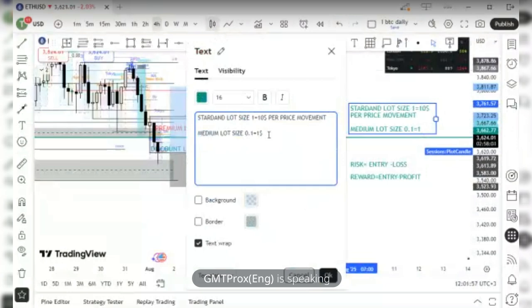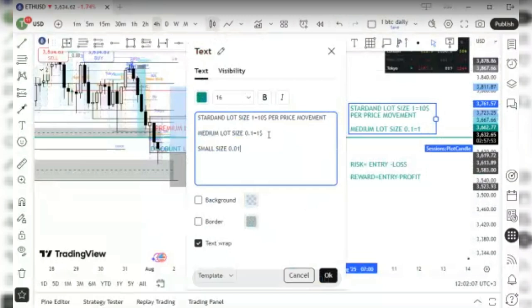So for small size, 0.01, this is how much in terms of dollars? This is $0.1. So how do I know this? Easy, guys.